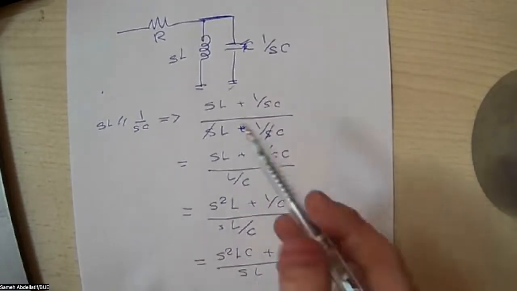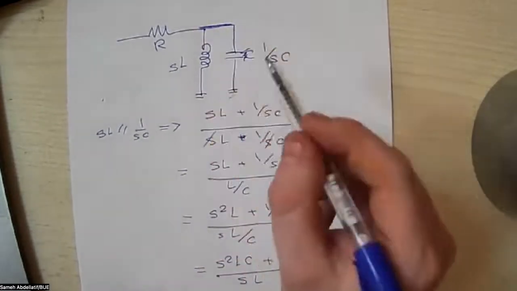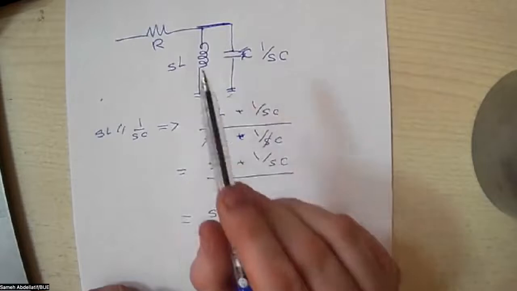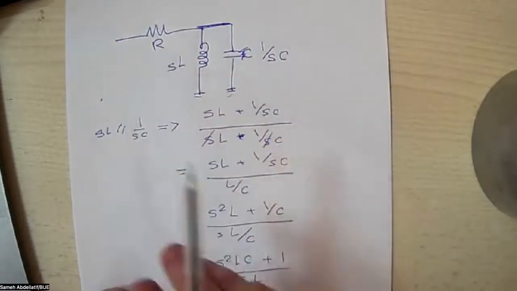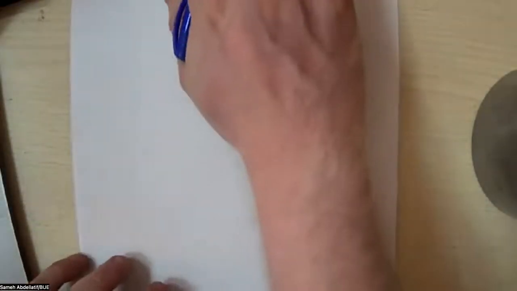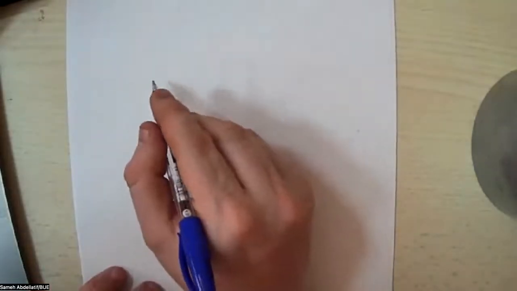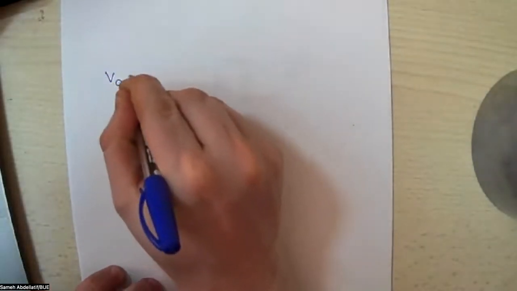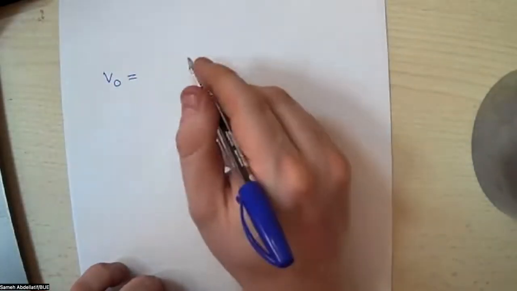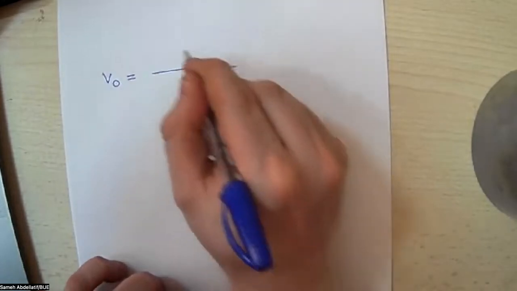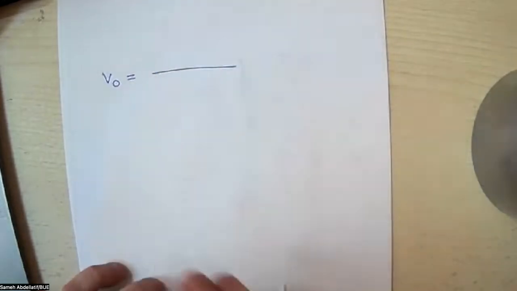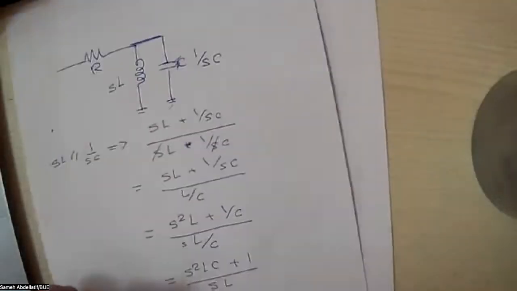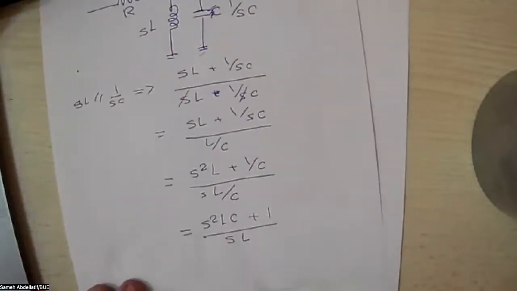And in order to calculate this V output, the V output is simply a voltage divider between this equivalent and the R. So you can write that V output equals the equivalent we just calculated.